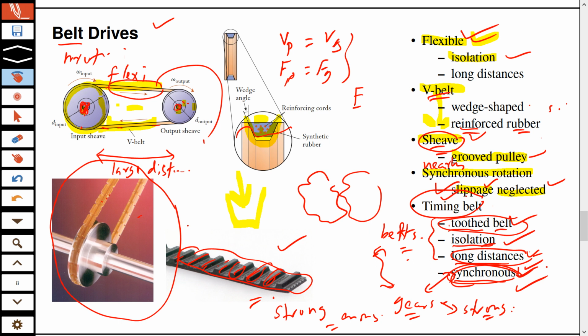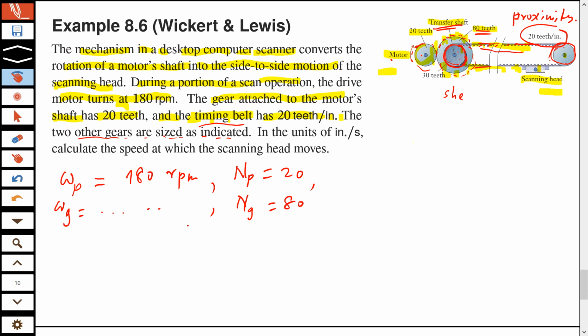So this means that in this question, you have another gear here. So this timing belt must be connected to another gear, and the number of teeth for that is 30 teeth. So you have 30 teeth here, and you have 80 teeth here, and maybe we should not label them like that. We just remember it from the diagram.